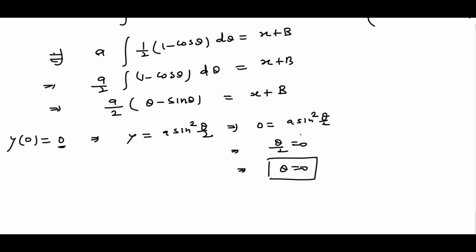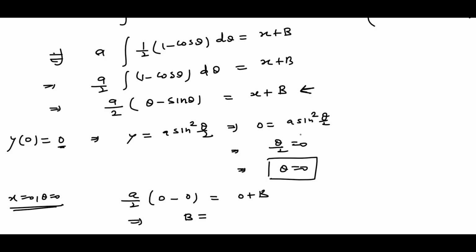If theta is equal to 0, we know that x is 0. As x is equal to 0 and theta is equal to 0, put these values here. We will get a by 2 times 0 negative sin 0, which means 0, that is 0 plus B. So from here we get the value of the constant B is equal to 0.